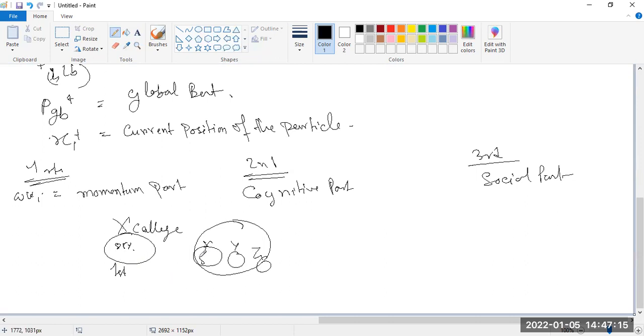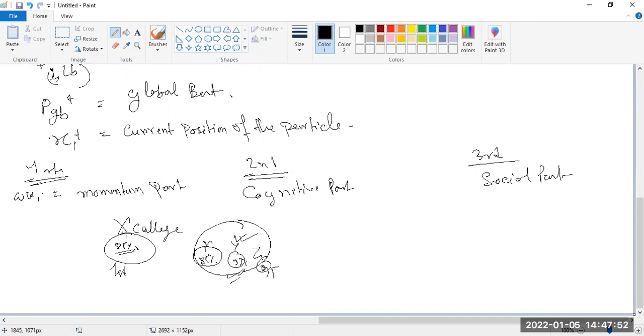Here you can see someone gets 85% marks, someone gets 97% marks, someone gets 95% marks. So whenever you go global, your position is not the best, but the best position is Y, because in that college the student achieves 97% marks. So this is the global best. But for the local P best, you can say he got 85% marks. So this is the best position, but only locally for this X college.